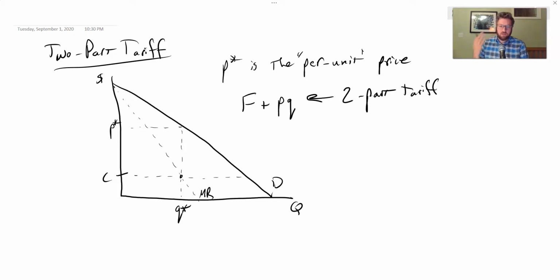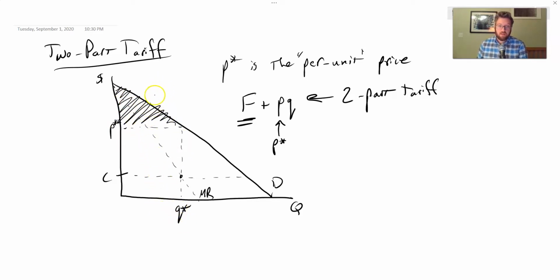Okay? So if this is what your pricing structure looks like, what should you charge for this fixed cost F? Well, if you use the standard monopolist P star, then the consumer surplus that the consumer gets is this area up here. That's the value that they obtain from being able to make these Q star transactions.